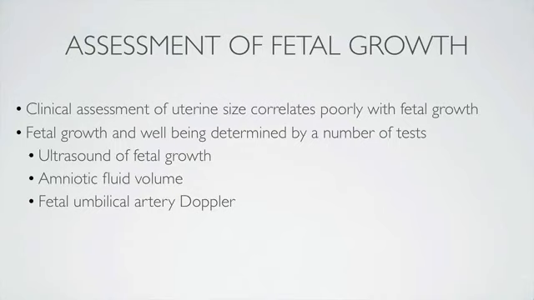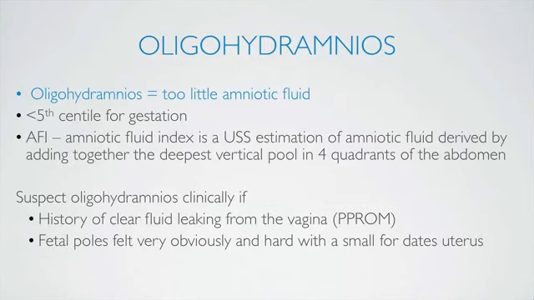And this is associated with increased perinatal mortality and intrauterine growth restriction. So it basically is indicating that there is a problem with the placenta because the flow in the umbilical artery is poor. Now we're going to talk about oligohydramnios and polyhydramnios.